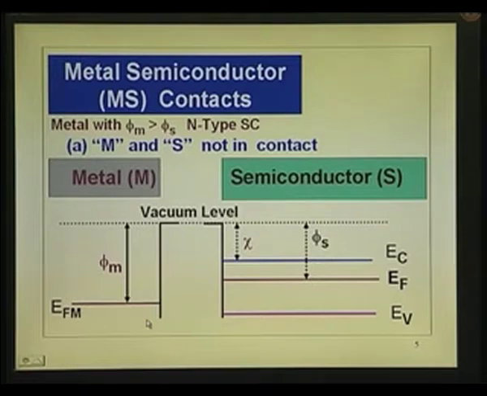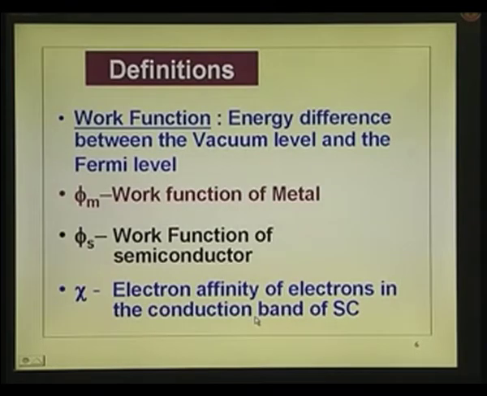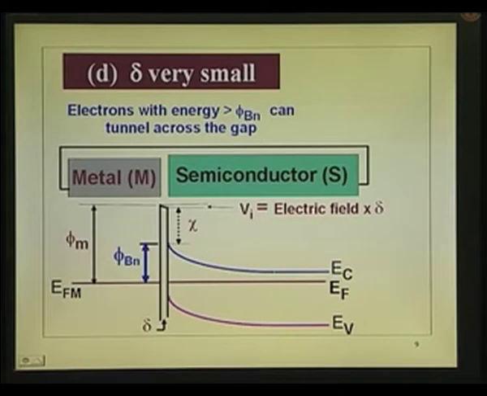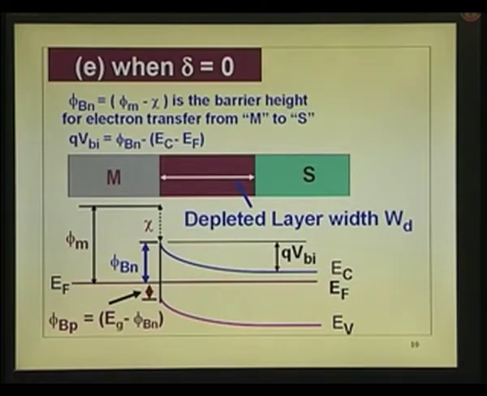Now, finally, what happened is this Fermi level has come down because of transfer of electrons and the potential has appeared. So, that is what we have shown there. So, phi m is greater than phi s.